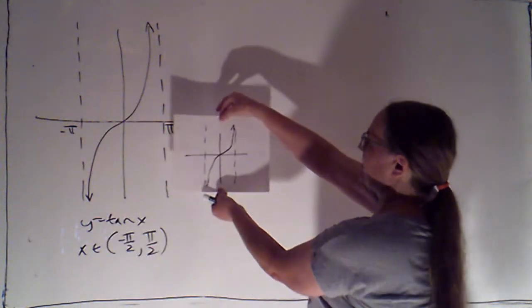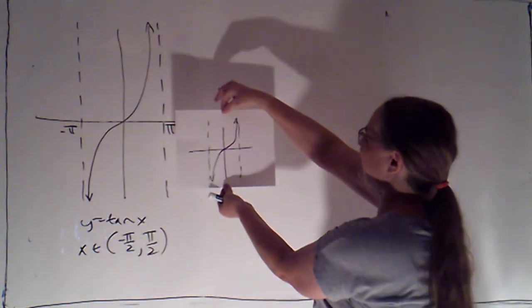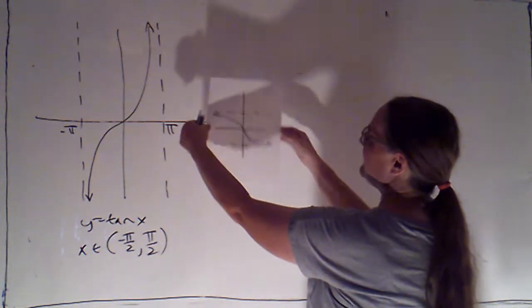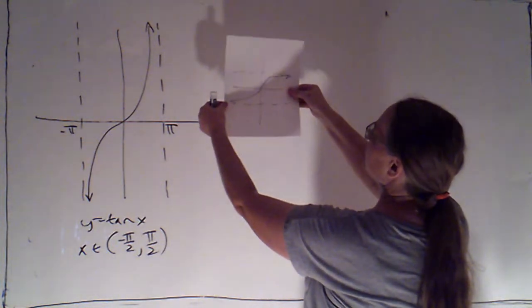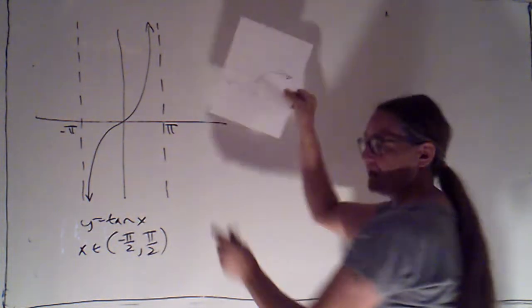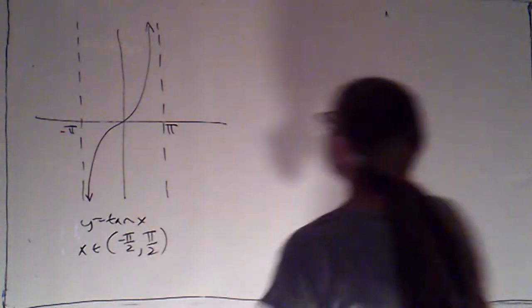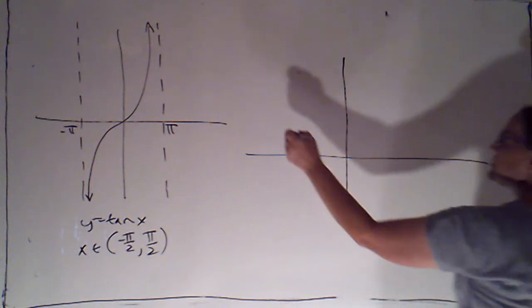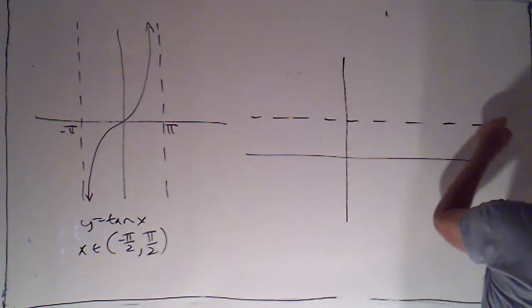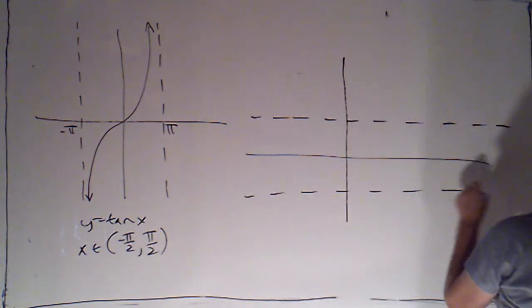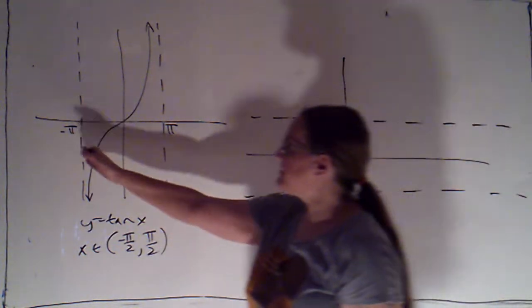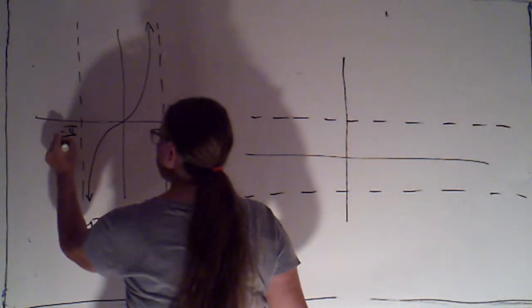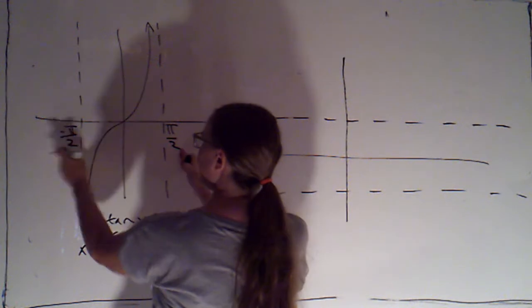So I did manage to remember to make a copy of that this time. So here's my graph. Rotate 90 degrees to the right, turn it, flip it top to bottom. You may or may not be able to see that, but it's kind of cool, because when we do this, we're switching the roles of x and y. So we're switching the roles of vertical and horizontal. So these vertical asymptotes, oh, I'm so sorry. I labeled those as pi and negative pi.